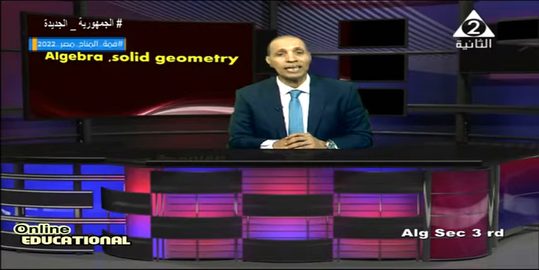And don't forget, the midpoint of AB equals ((x1 plus x2) over 2, (y1 plus y2) over 2, (z1 plus z2) over 2). This midpoint rule is very important.